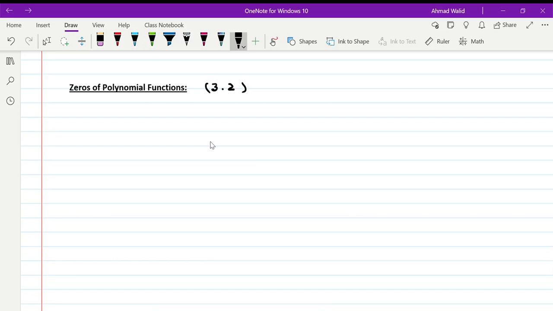What is the definition, or how do we explain what the zero or zeros of a function are?